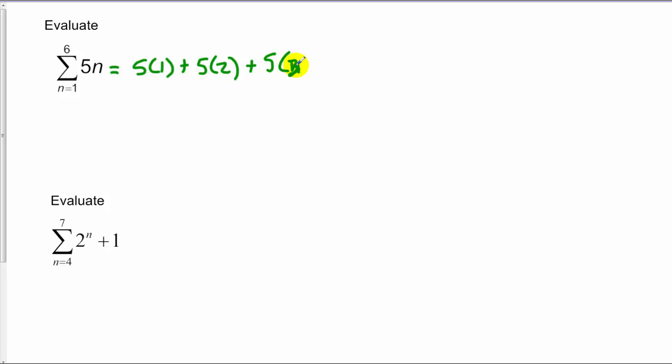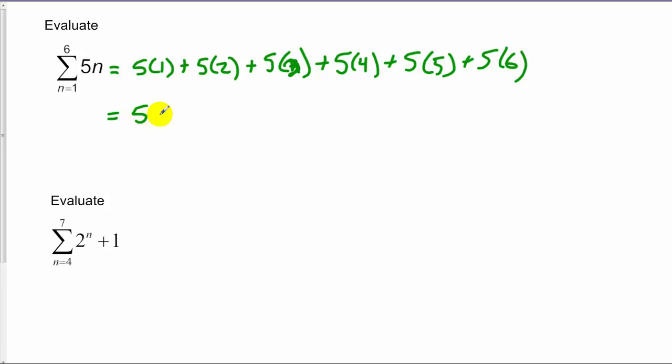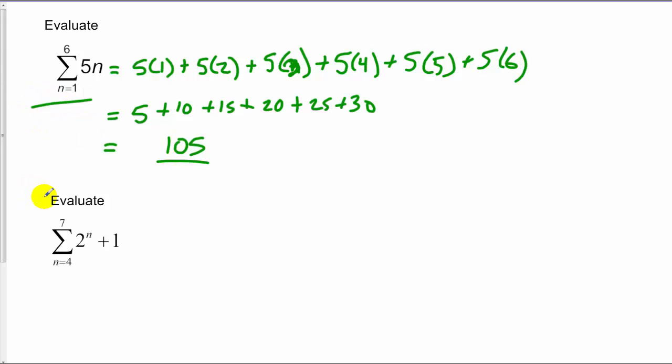Whoops, n equals 3. 5 times n equals 4. 5, n equals 5. And 5 times n value is 6. This gets me 5 plus 10 plus 15, etc., etc., until I get to 30. I add all that up. We got 30, 50, 80, 105. And that is the sum of that sigma notation problem.